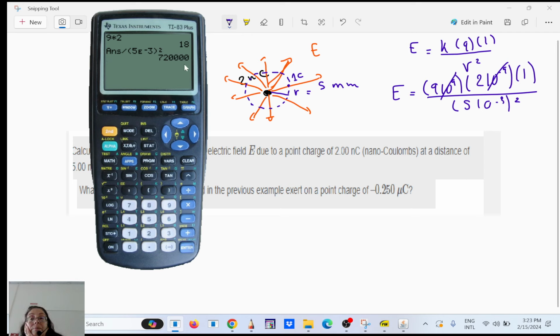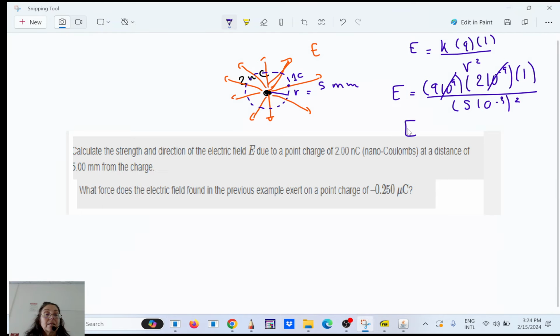Do you get that? So 7.2, who says yes? Yes, you all agree. That's 7.2 times 10 to the 5 Newton per coulomb or volt per meter at that distance, and as you move away, it's going to decrease.